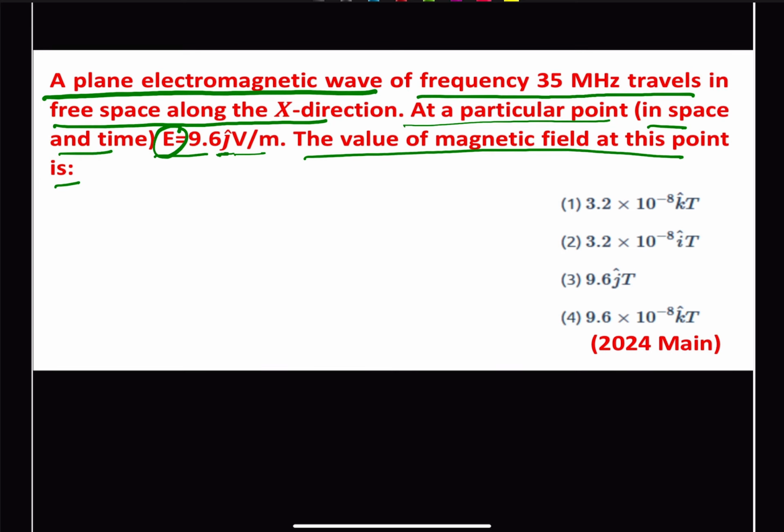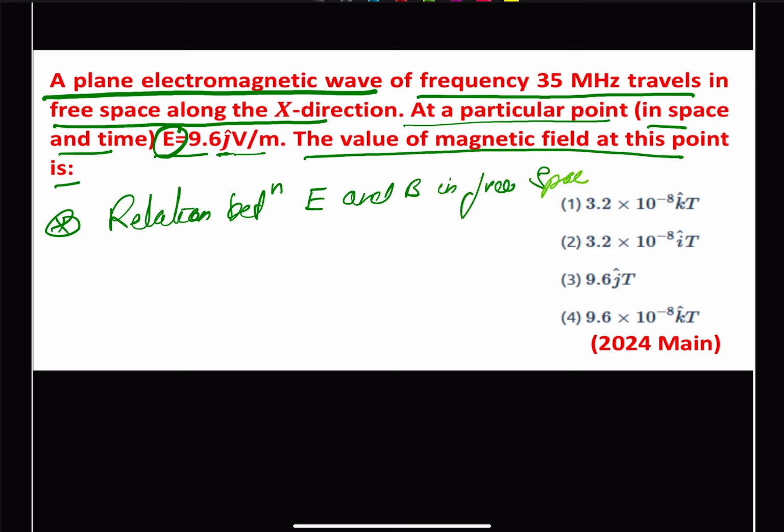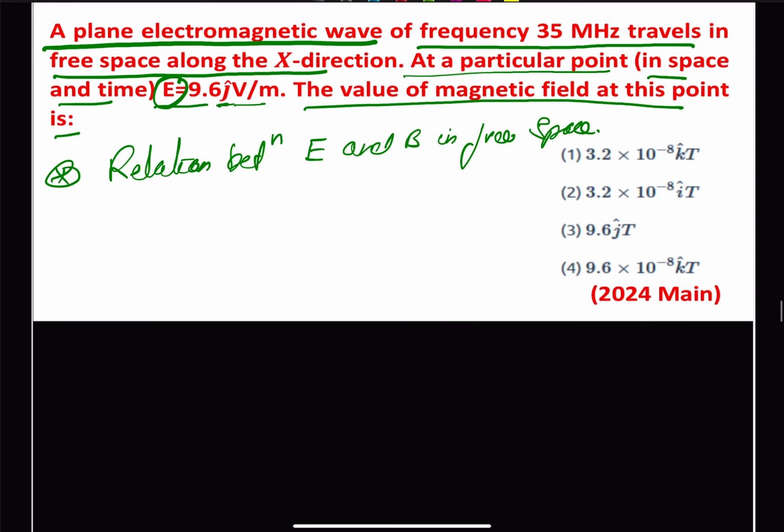So we know the relationship between magnetic field and electric field. We can say the relation between electric field and magnetic field in free space is B equal to E upon C, and electric field is given to us as 9.6.